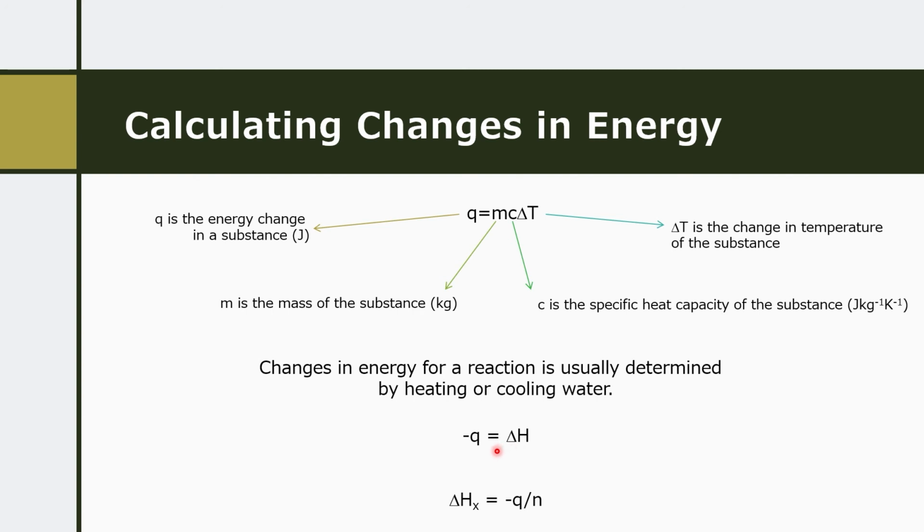So delta H would be negative, meaning that Q, the energy of the water, is going to be the polar opposite: an increase in energy, meaning that Q is positive while delta H would be negative, or vice versa. Note as well that for the molar enthalpy of a substance, in these kinds of calculations, you need to know what Q is. And because we're finding the amount of energy released per mole, you also need to know the amount of substance that was reacting or that was produced.